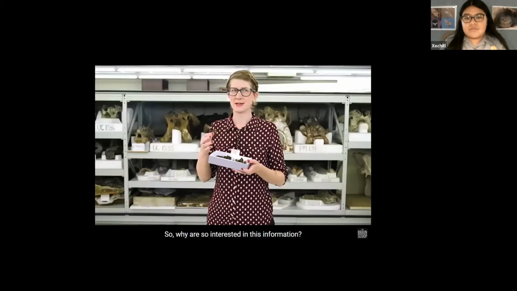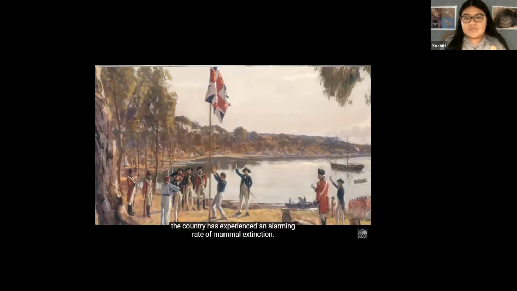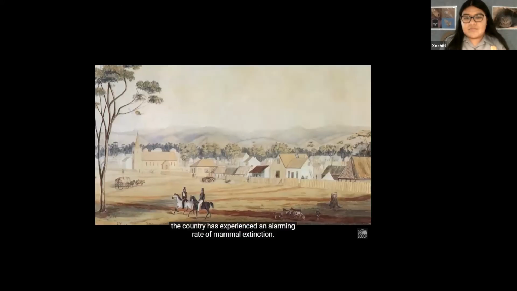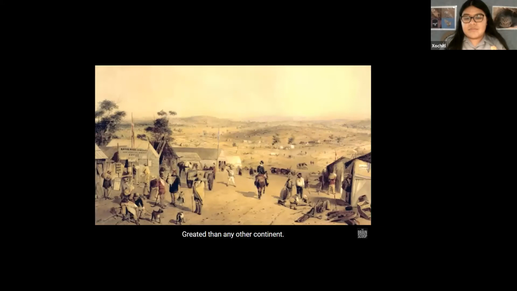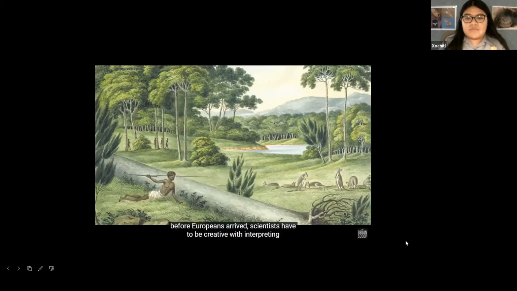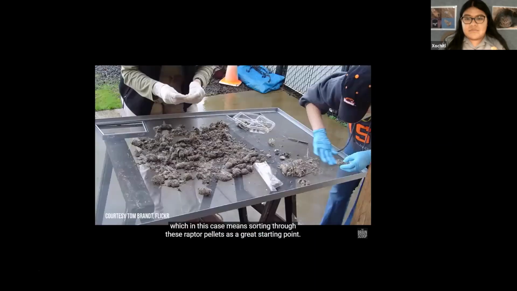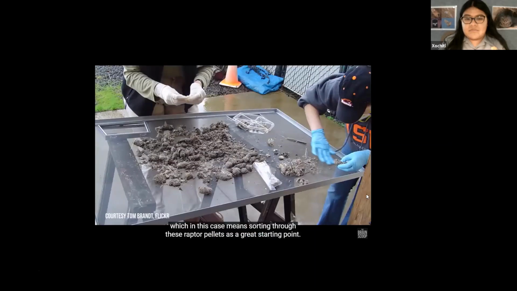Well, in the last 200 years since European settlement in Australia, the country has experienced an alarming rate of mammal extinction, greater than any other continent. Since there's no written record of what the mammal diversity of Australia looked like before Europeans arrived, scientists have to be creative with interpreting the country's plant and animal history, which in this case means sorting through these raptor pellets as a great starting point. This gives scientists a way to look at the past in order to help shape the future.